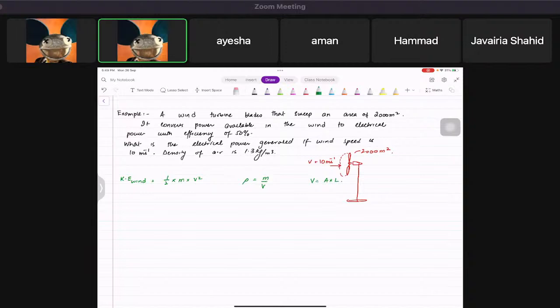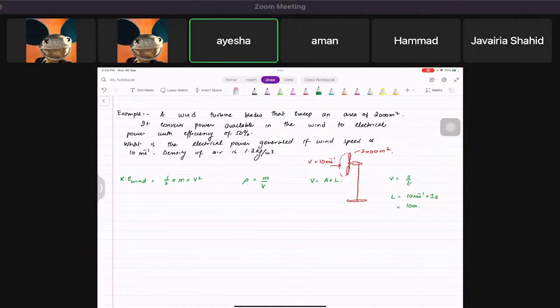Because velocity is displacement over time, the displacement, which is actually the length the air moves, would be 10 meters per second in 1 second, equal to 10 meters. So it means every second the air moves 10 meters length. Is it clear?